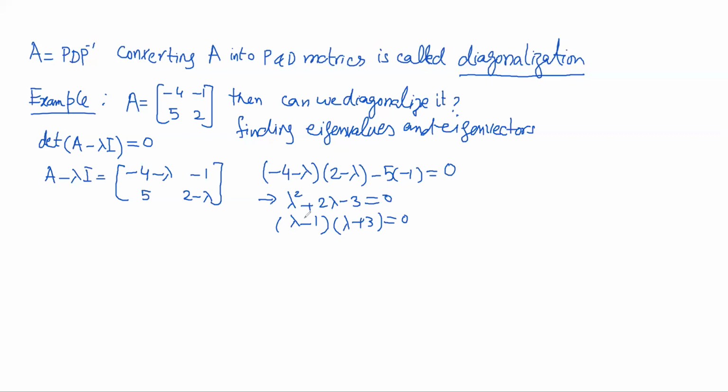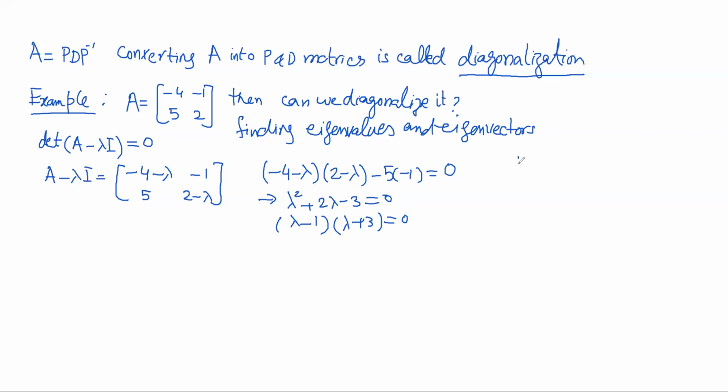It is a quadratic equation, and you can easily factorize it into lambda minus 1 into lambda plus 3. So 3 minus 1 is 2, and then minus 1 times plus 3 is minus 3. So it is fine. In this way, we get two eigenvalues, 1 and minus 3.